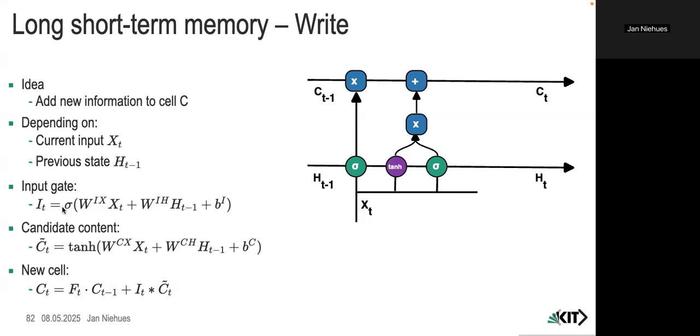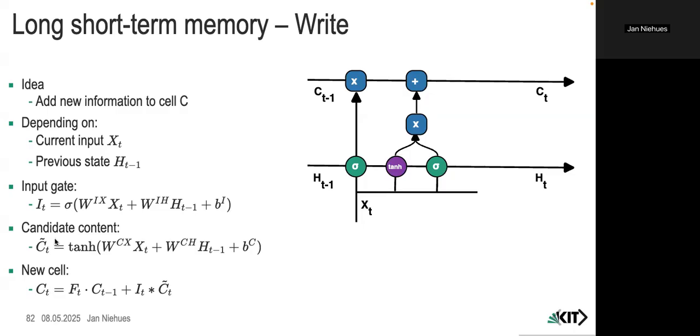And that you do with your candidate content. You see it's again the same type. What you want to write depends on your current hidden state and on your input. You're defining, again, a network based on that. So you have different weights here, which do this type of writing. And that is now your candidate content.